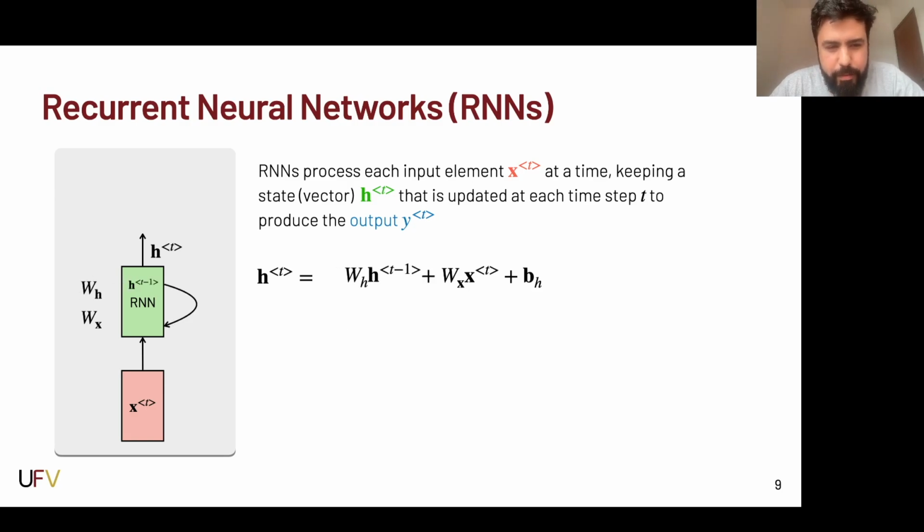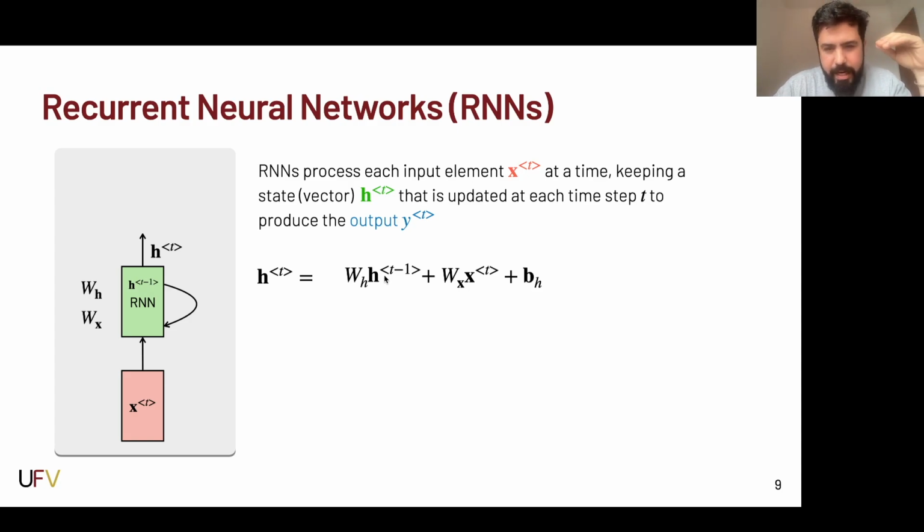But what I mentioned before, and this is the coolest part of the RNN, is that it uses the previous state vector h_{t-1} to produce the current state vector h_t. And so we can assume this starts with 0 for now.